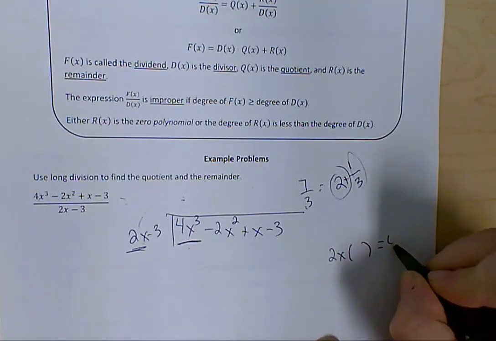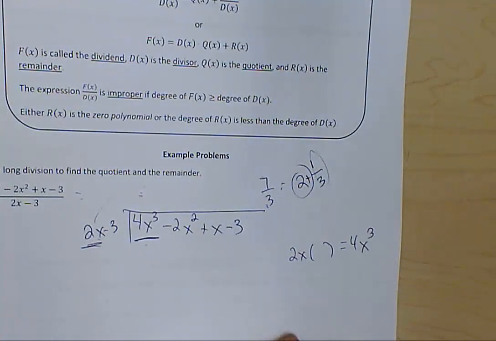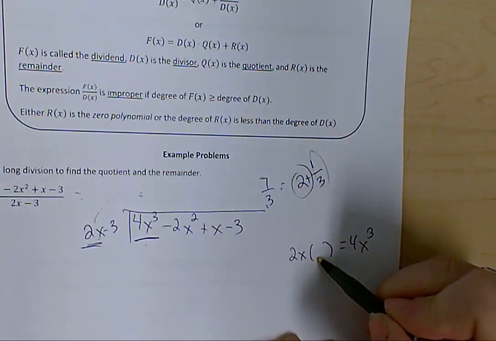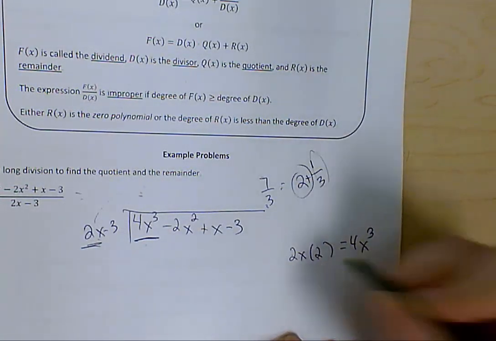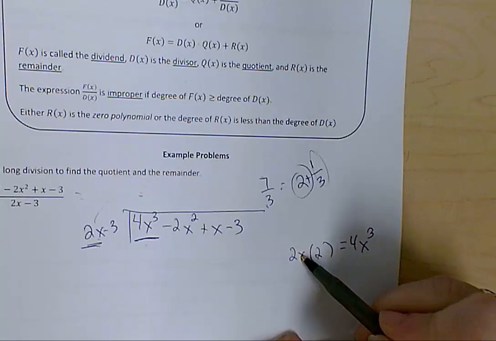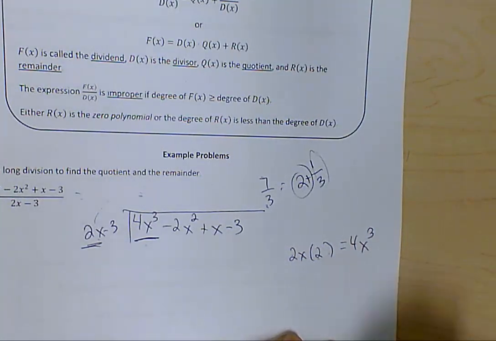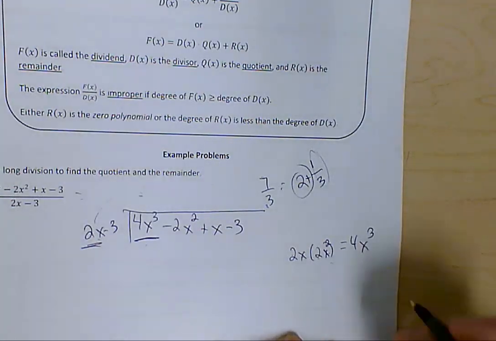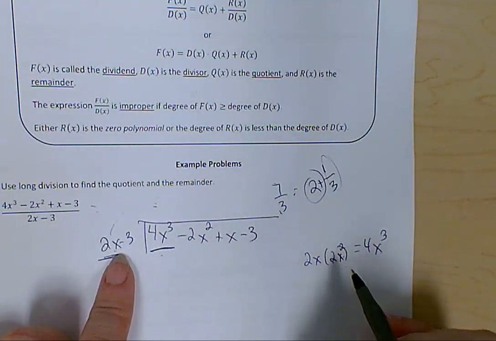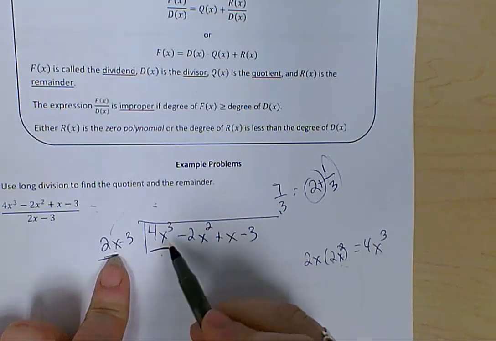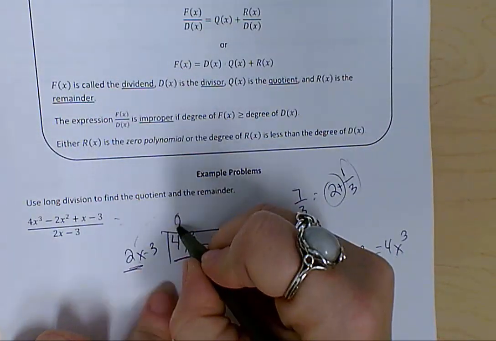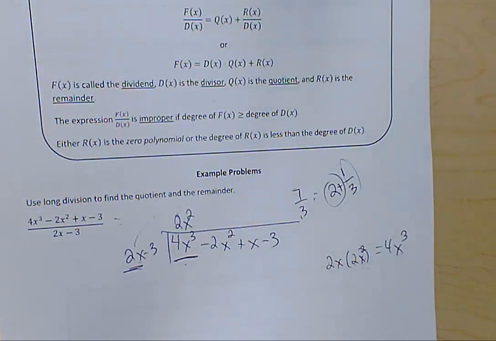Well, 2 times 2 is 4, and x times x squared gives you x cubed. So I'm going to say that 2x times 2x squared gives me this 4x cubed, so I'm going to put the 2x squared up here.